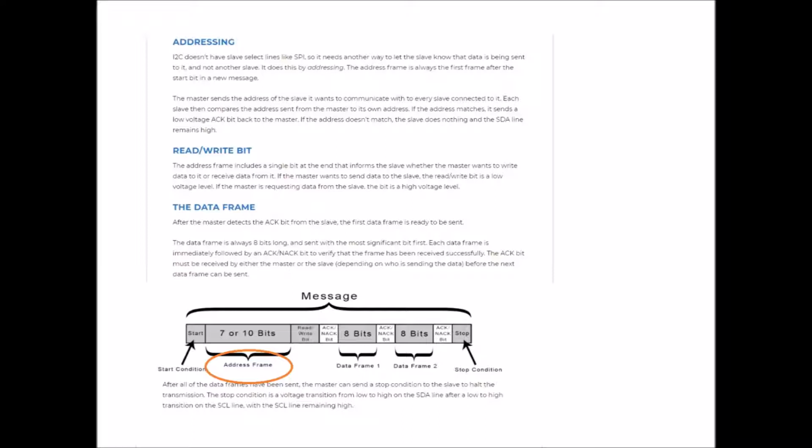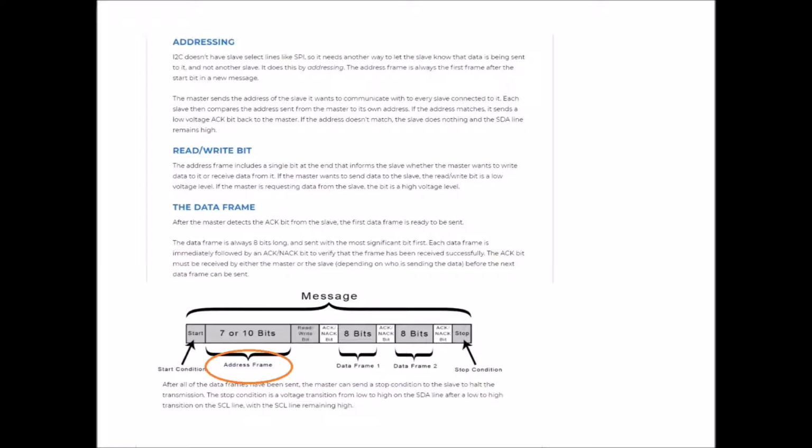The data frame. After the master detects the ACK bit from the slave, the first data frame is ready to be sent. The data frame is always 8 bits long and sent with the most significant bit first.